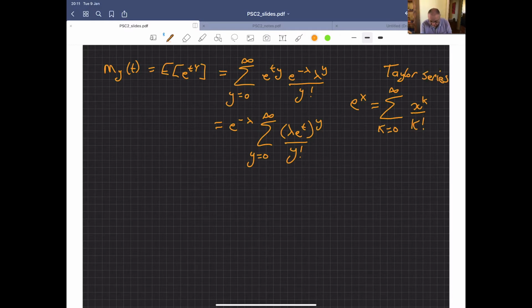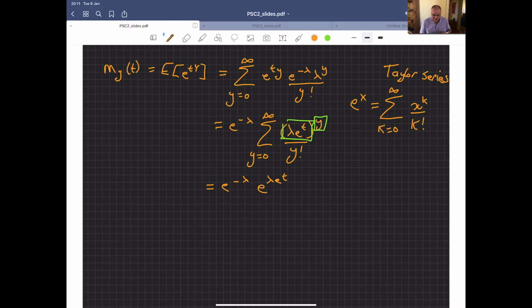So, looking at that, we've got our y instead of k. This is our x, everything matches. So what we've actually got here is e to the minus lambda, e to the lambda e to the t.